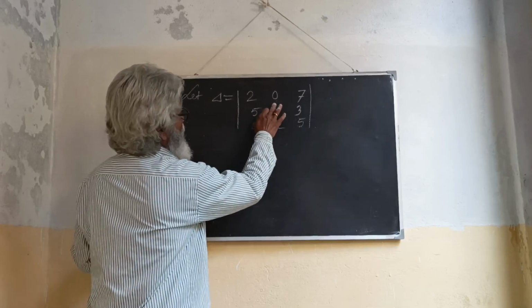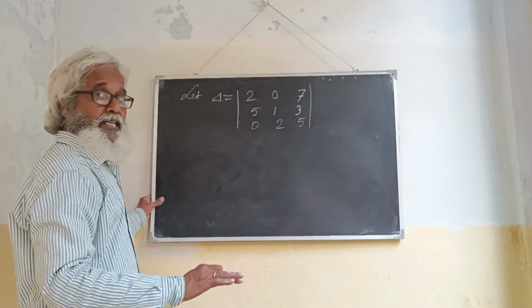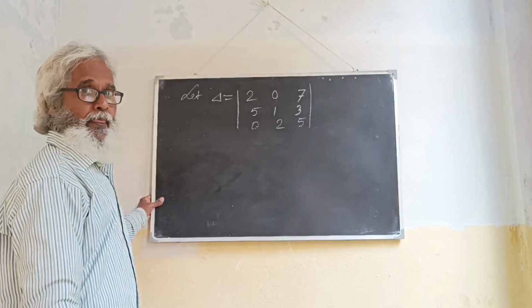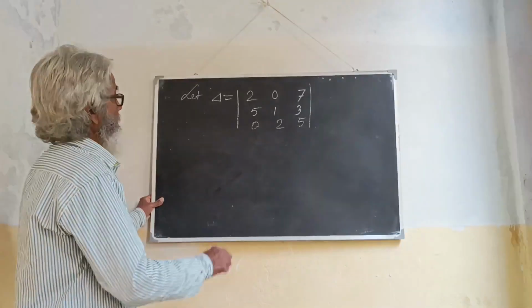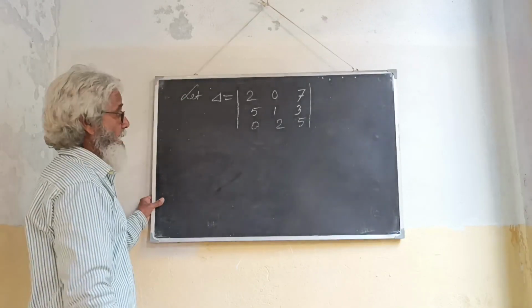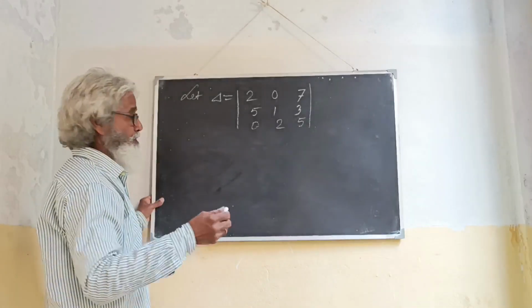Cofactor of this, cofactor of this, all are calculated individually, and that was a long process. But to obtain delta dash is nothing but these elements will be replaced by their corresponding cofactors.